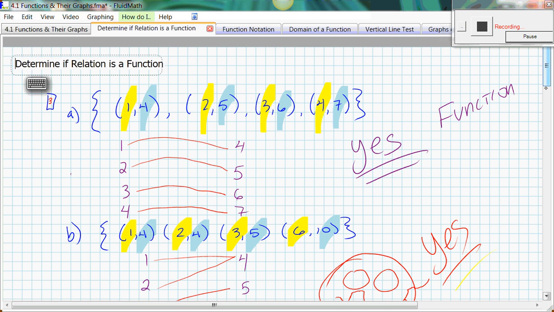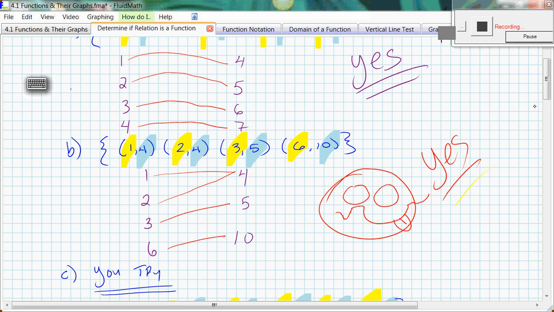Then we went on to part B, where we had the big giant debate. Same process: 1, 2, 3, and 6 are all the inputs. 4, 4, 5, and 10 are all the outputs. So 1 gets mapped to 4, 2 gets mapped to 4, 3 gets mapped to 5, and 6 gets mapped to 10. Of course, everybody was wondering, what is the deal over here?